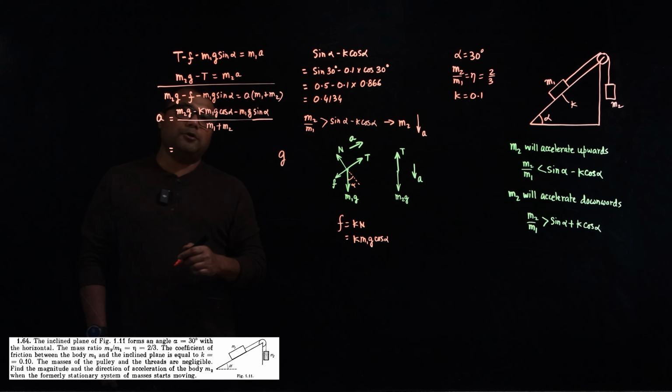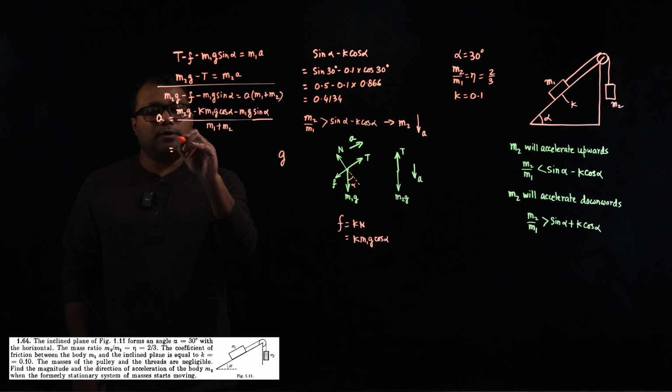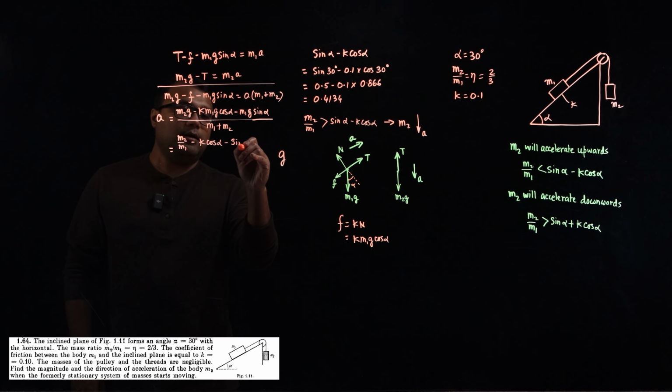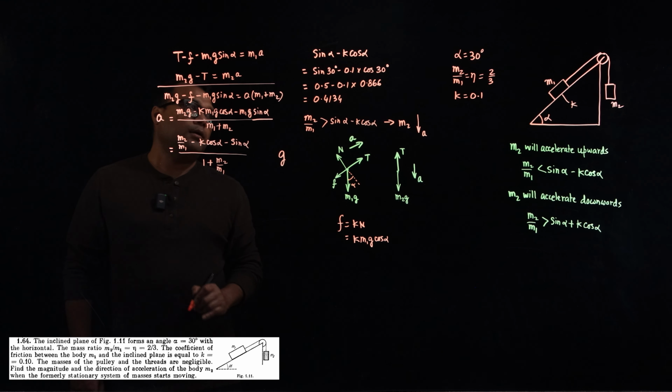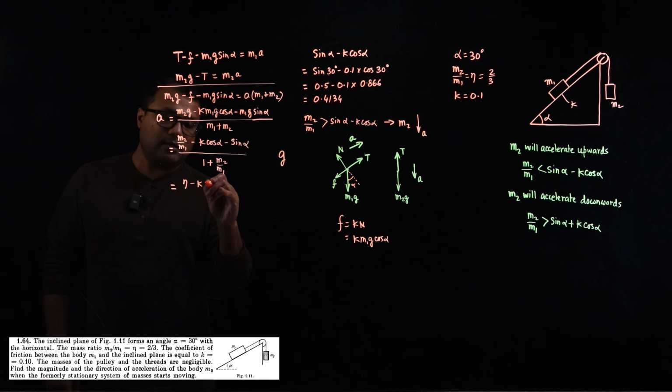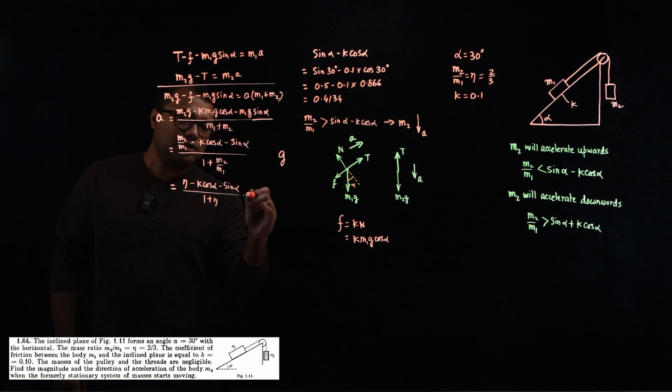If we divide numerator and denominator by m1, we have m2 by m1 minus k cos alpha minus sin alpha, divided by 1 plus m2 by m1. Now m2 by m1 is given as eta, so we can further simplify this as eta minus k cos alpha minus sin alpha divided by 1 plus eta, times g.